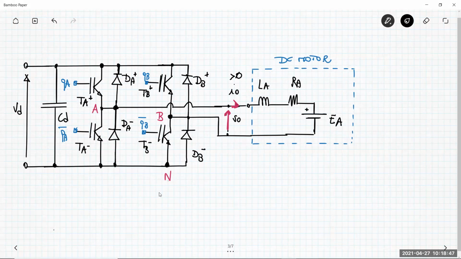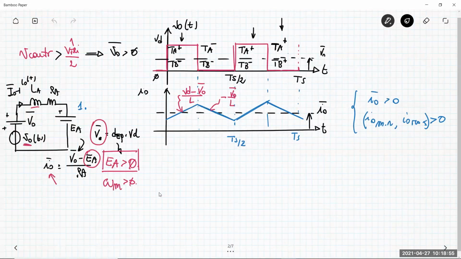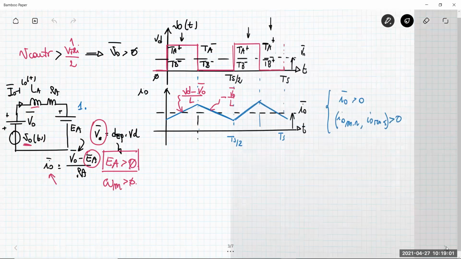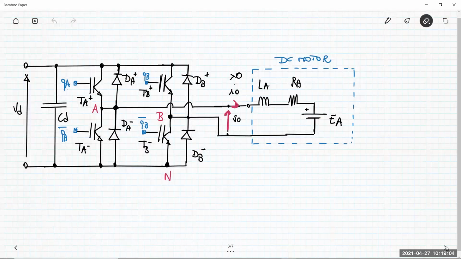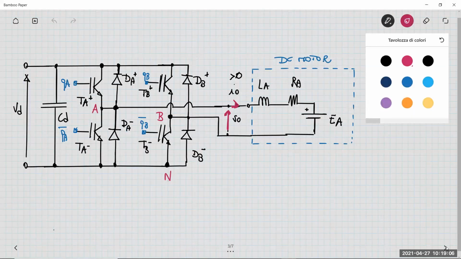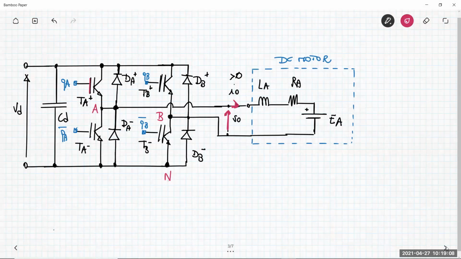So the current goes from the left to the right into the DC motor. And in the first interval, the switches that are on are TA plus and TB minus, okay? So you can say that TA plus and TB minus are on.